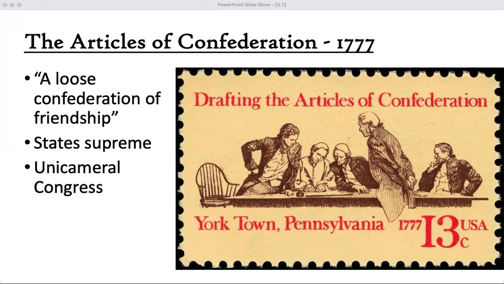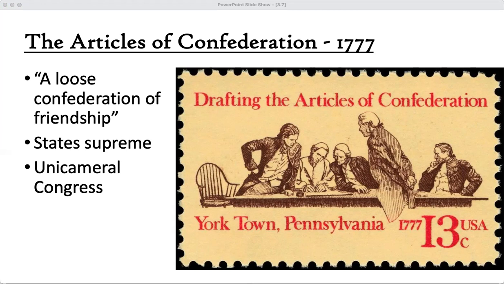Remember, one of their big criticisms of Britain and Parliament was Britain's attempt to not only tax but control the local legislative bodies, the Massachusetts General Court, the Virginia House of Burgesses. So in drafting the first governing body, the colonies are hyper aware of this.